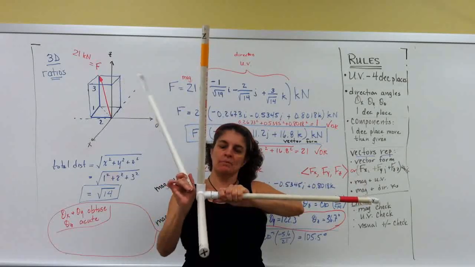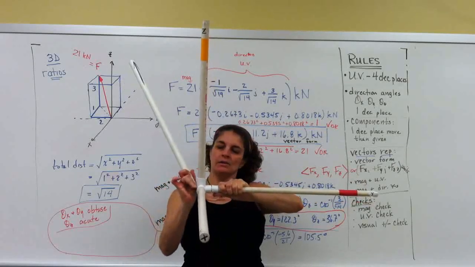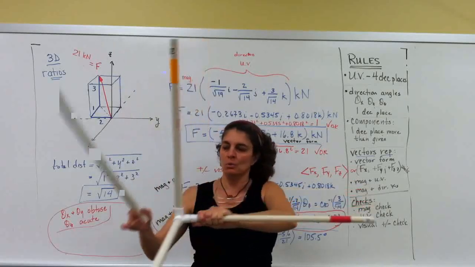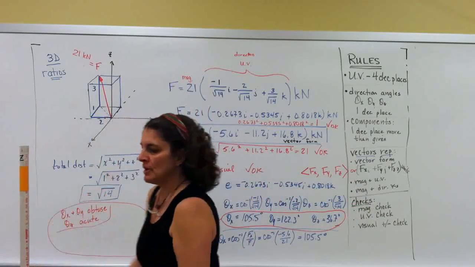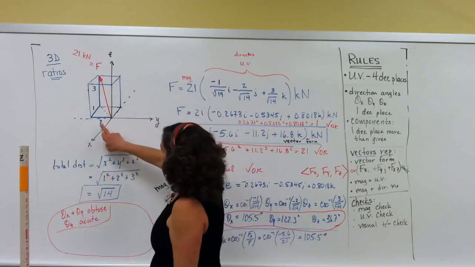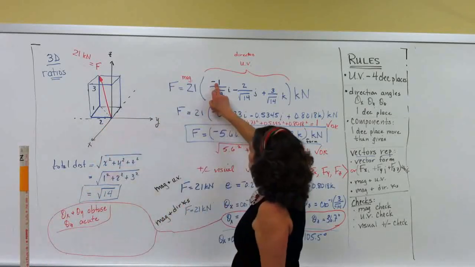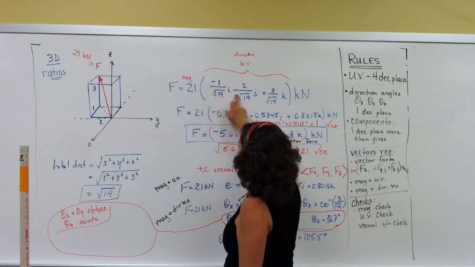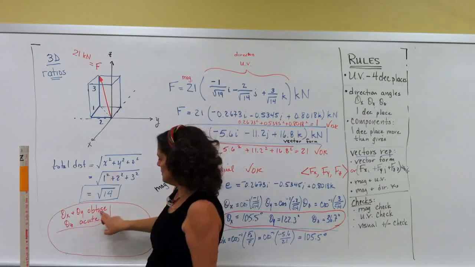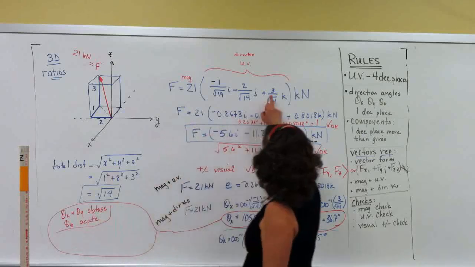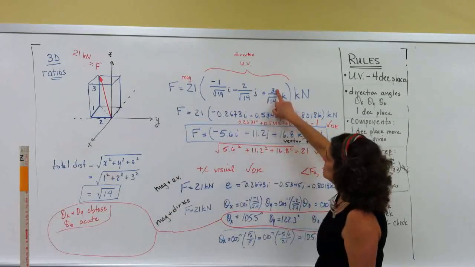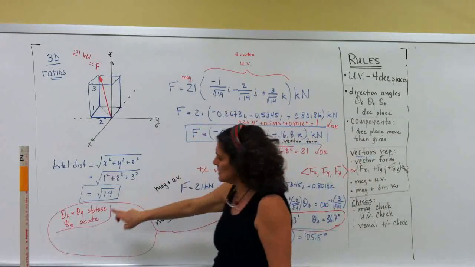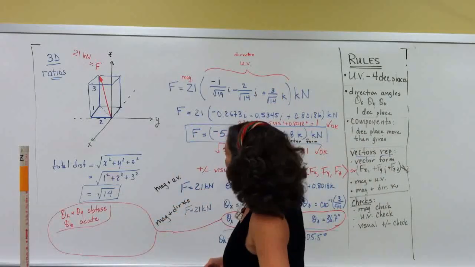It's the most direct path, the shortest angle to the positive y-axis. So when we have a force going in a negative direction, and we did in the x and in the y, our theta is going to be obtuse. But when we have a positive value, in this case it was z, positive value in the z is going to give me an acute angle.